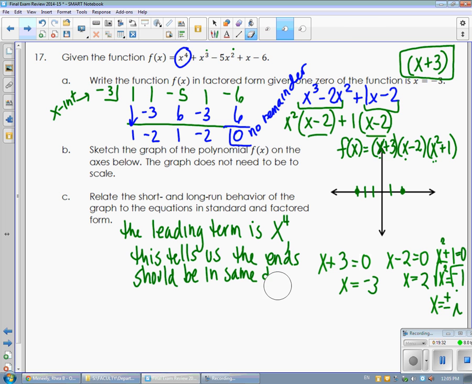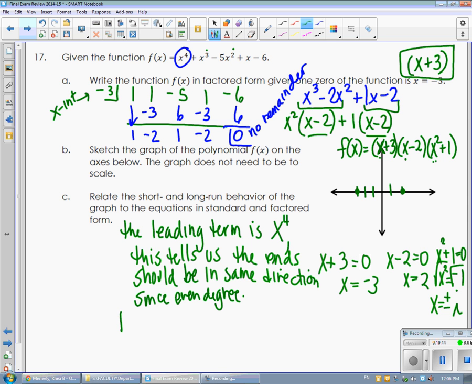Since it's even degree, they should go up because it's positive. Okay, so I know my even end behavior, my arrows should be going up.